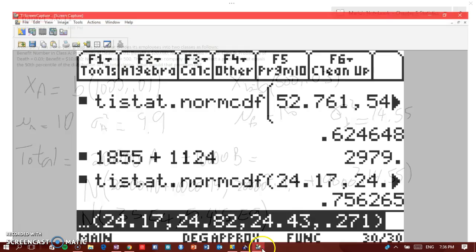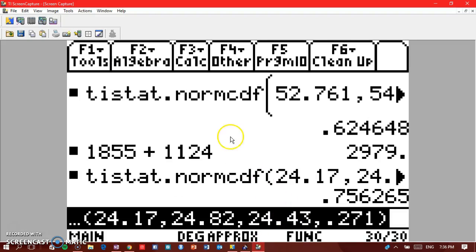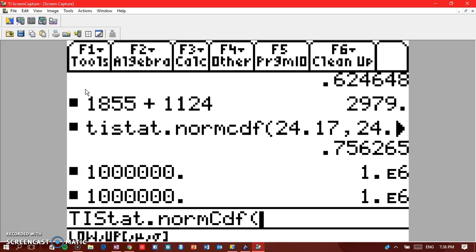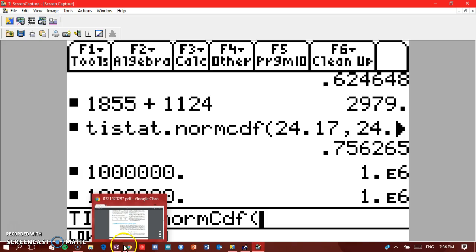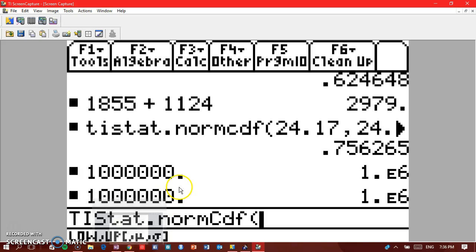So now let's go to our TI-89 Titanium and look for how much this would be. We now have the mean and the variance, but we cannot use those directly.